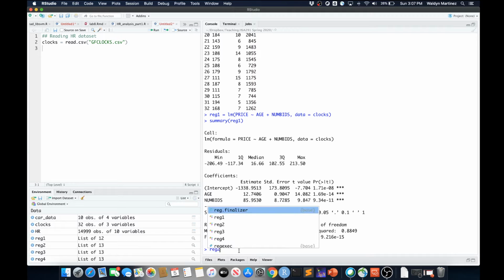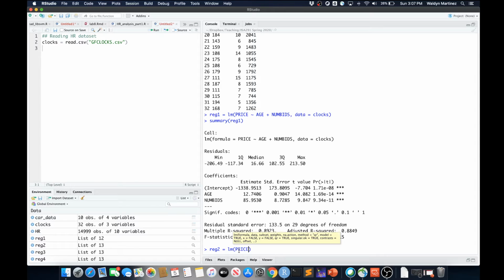Let's create regression 2, and I'm going to use the lm function using price as a response, and age and number of bidders as predictors. But now I'm going to add that age and number of bidders interaction in there, and we're going to test if it is statistically significant. Again, the data set name is clocks.